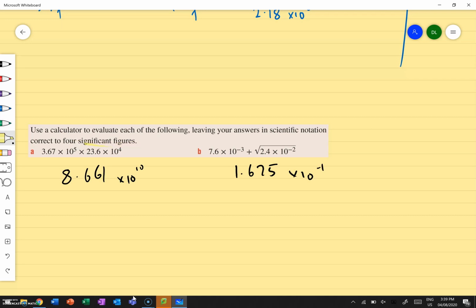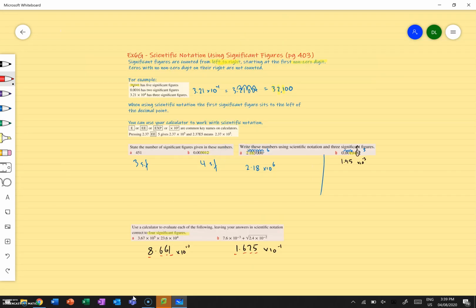If we look at this one over here, it needs to be 4 significant figures. You can see I've got 1, 2, 3, 4. It's different from decimal places, because this one would be 3 decimal places. So we're working with significant figures, and that includes the number at the front. Over here, I also have 1, 2, 3, and 4. All right, hopefully that makes sense. Let me know if you need any help.